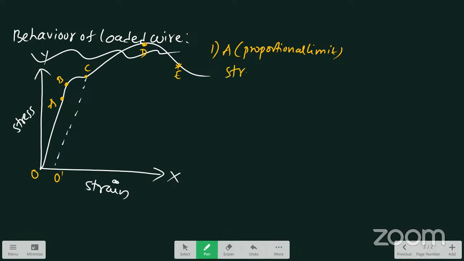Proportional limit means just one word: stress directly proportional to strain. Hooke's law obeyed. Over, 1 point. Just highlight the sidings. You can get marks for sidings.